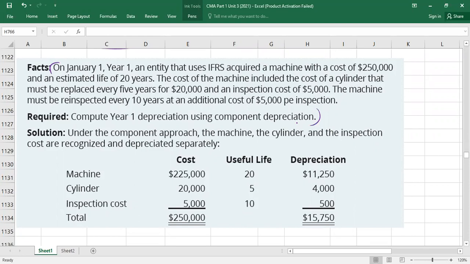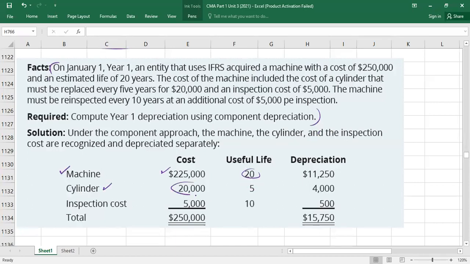You read it? So what they're telling you, obviously, I also have gone through this question. So there are 3 things. One is a machine, which machine cost is how much? 225,000. Machine life is how many years? 20 years. Okay, then inside the machine we have one cylinder, which is significant.